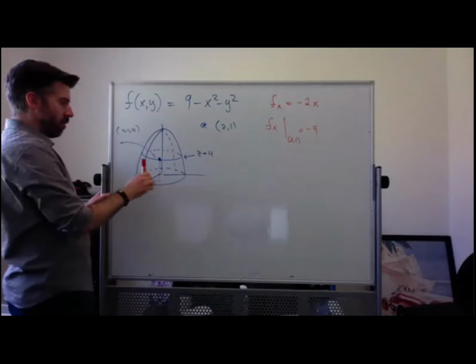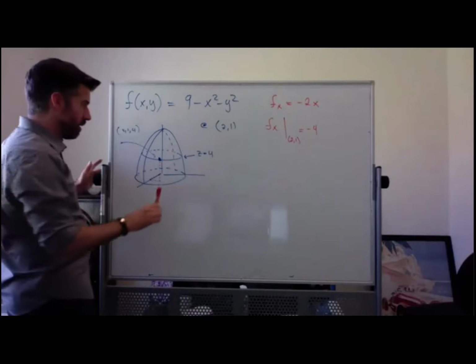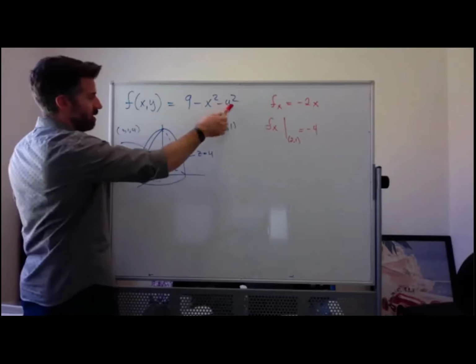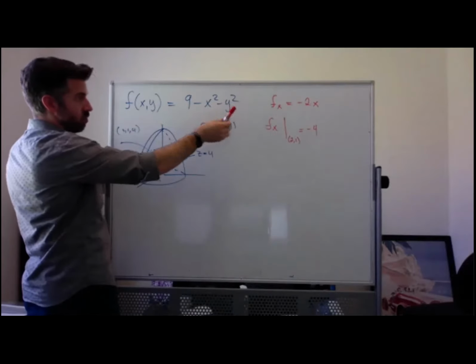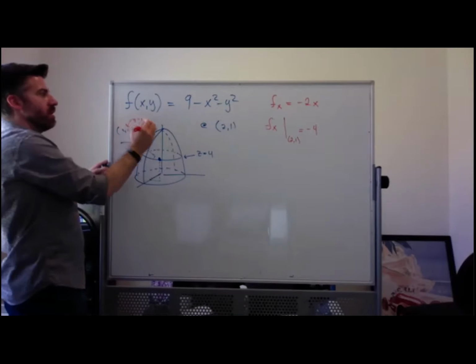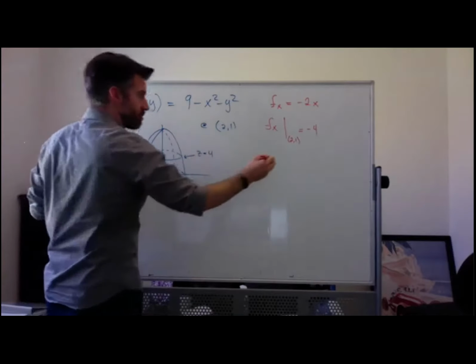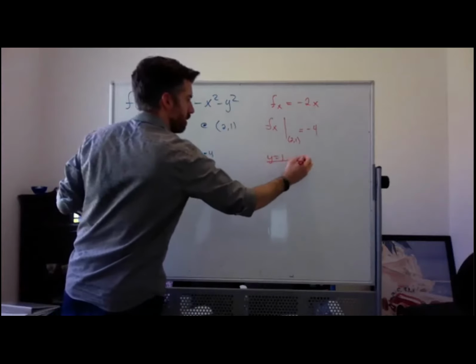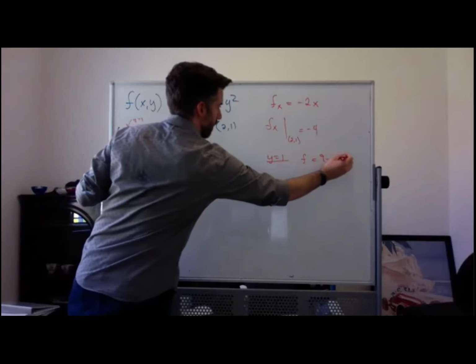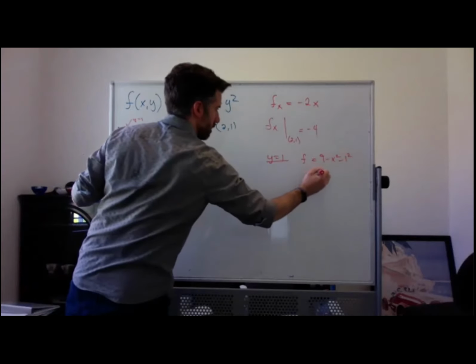So if I think about holding y constant, if I'm moving in the x direction, well, if I hold y constant as y equal to 1, I've got f equal to 9 minus x squared minus 1 squared.